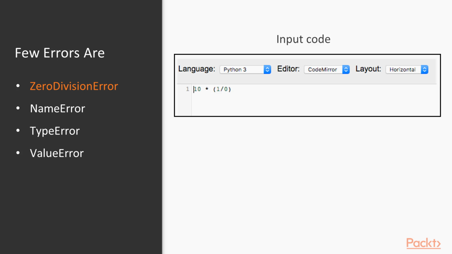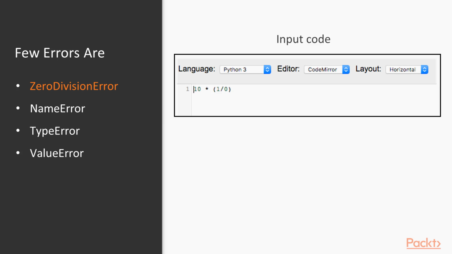A few of the errors that are most common when we are working with Python object-oriented programming and utilizing exceptions. So I've listed down the four most common errors that developers come across. The first one is zero division error. If you see the input code screenshot that I have taken, I am trying to multiply 10 by 1 divided by 0.